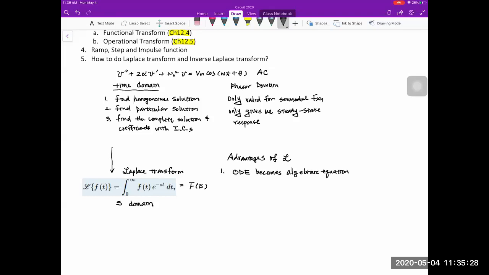Well, algebraic equations are easier to handle, right? So you solve in the algebra. You might not have only one equation. You might have several algebra equations you solve for the unknown. And as long as you have enough number of equations, you can solve for the unknown by using the algebra. So the ODE will become an algebra problem. You don't even need to do an integration or differentiation.